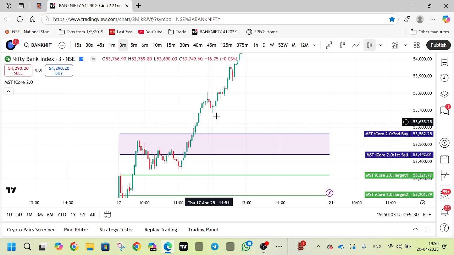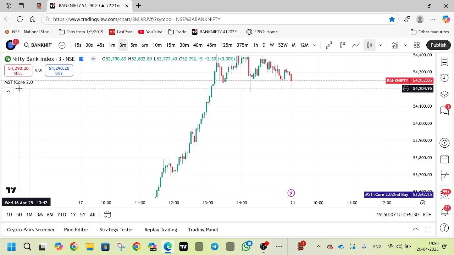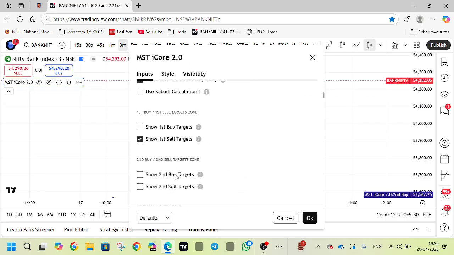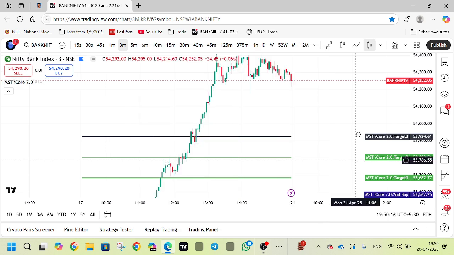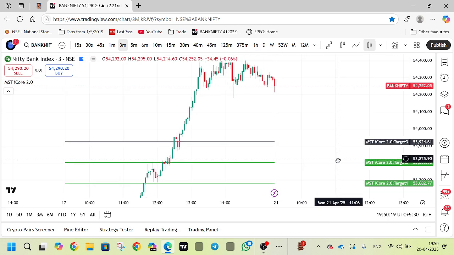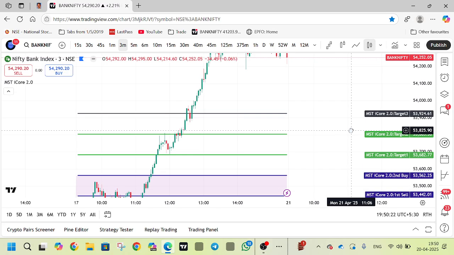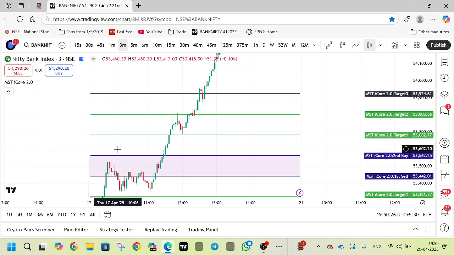Then second buy activated and all the targets hit. So where to find our second targets? Here you can see second buy targets. Here all the three targets have been achieved exactly. If you want extra targets, either you can increase the size of the target or you can add extra targets. It is up to you.